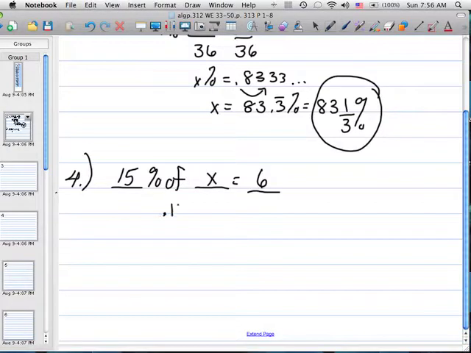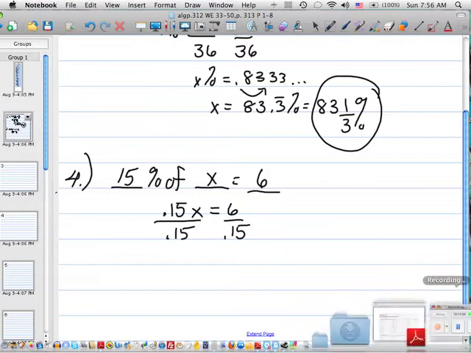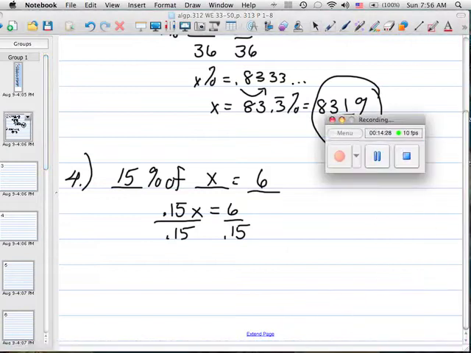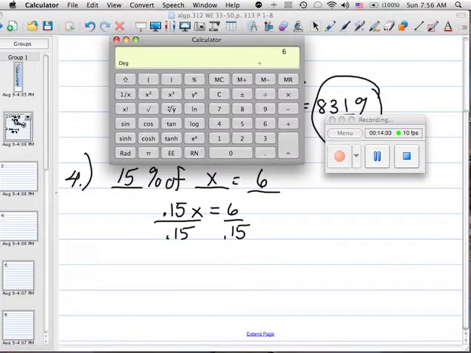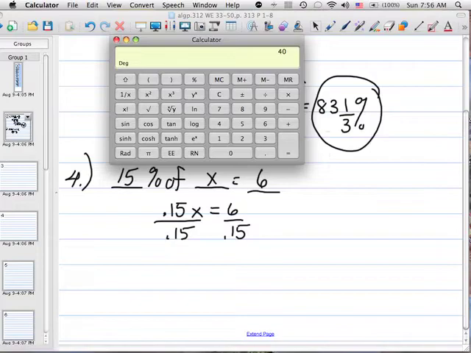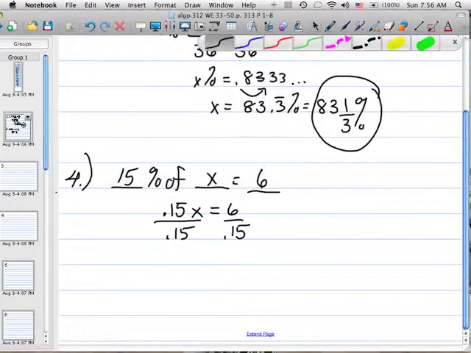Change 15% to a decimal. Remember, we can't leave a percent as a percent to work with it. We change it to a fraction or a decimal. Divide both sides by 0.15. And 6 divided by 0.15 is 40. So the original amount was $40.